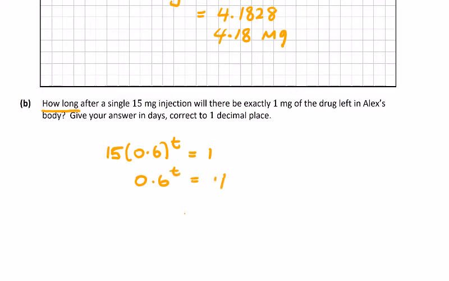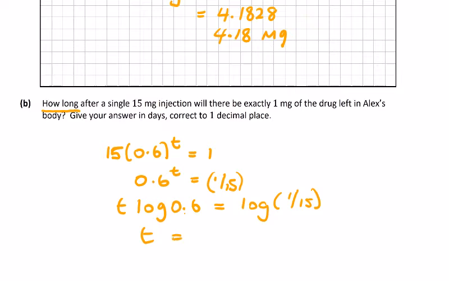Divide by 15. And then get the log of both sides by bringing t down, t times the log of 0.6 will be the log of 1 over 15. I'll leave it as a fraction. So t will be equal to these two negatives divided by each other, the log of 1 over 15 divided by the log of 0.6.